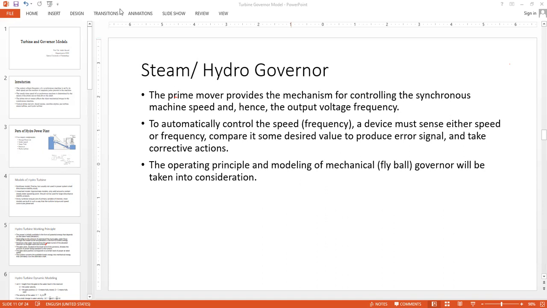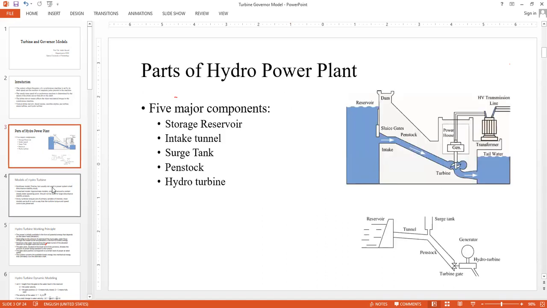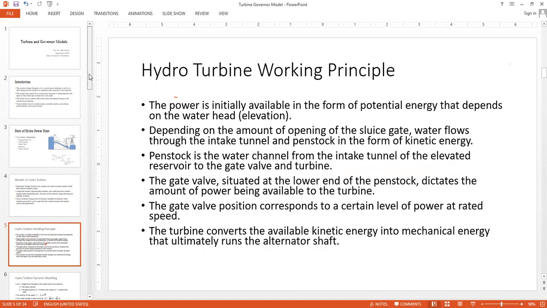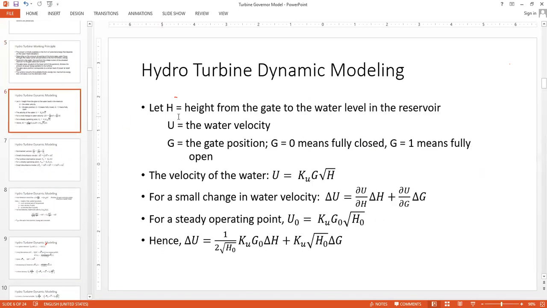Will the model be changed or will it be the same? No, the model would probably be a little different, because the derivation part would be different. In the diesel case you don't have any head, you don't have the velocity of water. You probably have to go with the flow of your diesel. You have to go into the dynamics of the diesel engine, since in that case the prime mover is the diesel engine.